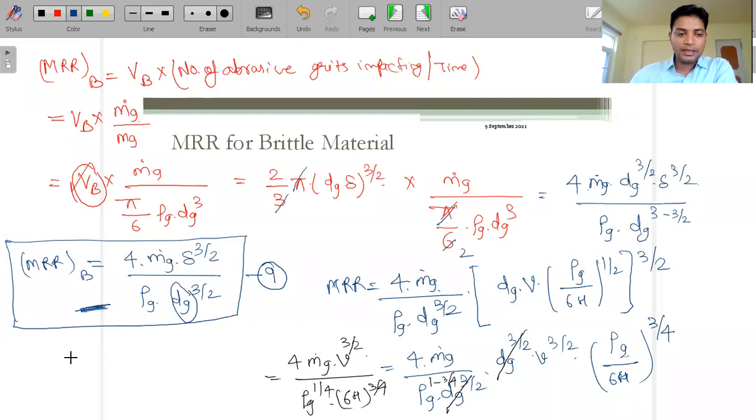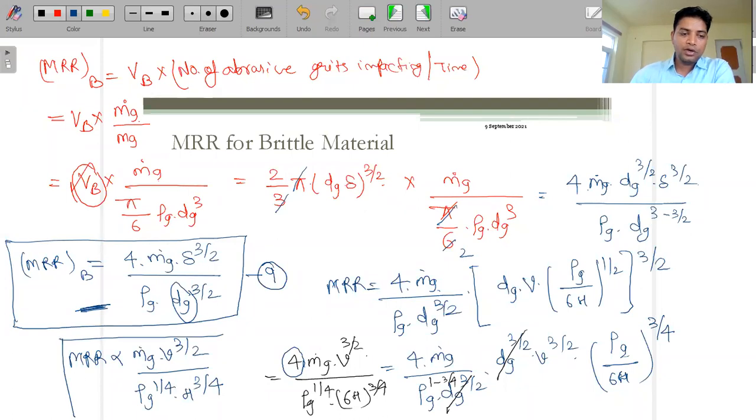So I'm simply writing that the material removal rate will be approximately proportional, we can say, because this number can vary. When there are 2 particles the material removal rate will be different, with 3 it will be different, but overall we can say that the material removal rate depends on mg v raised to 3 by 2 upon rho g raised to 1 by 4 and h raised to 3 by 4.